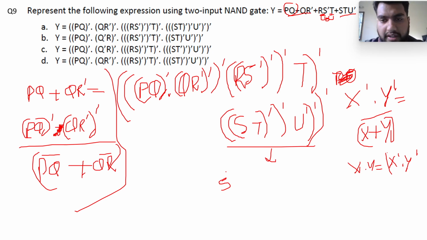Yeah, it's right. So if we take a look at this, I'll elaborate this term, then you get an idea what we are actually doing.